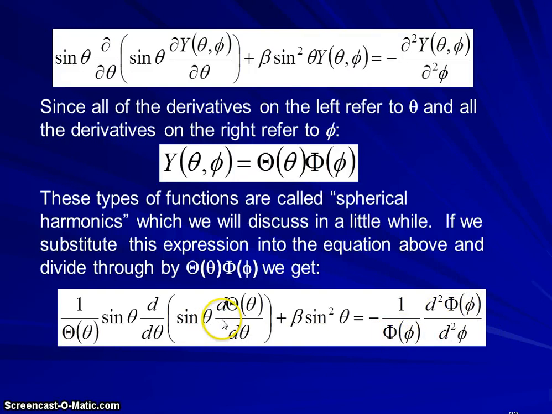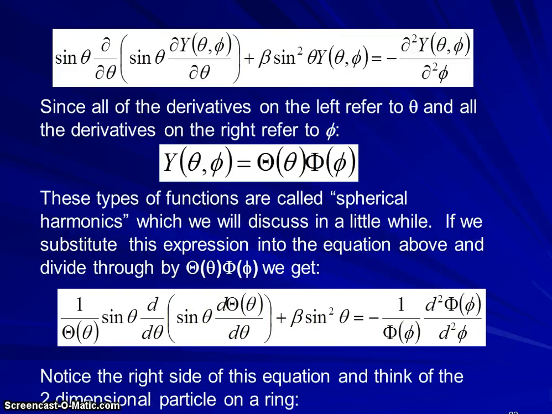And then something analogous happens here, I'll get you to check my math on this, when we pull out what is going to be constant, the phi term, out to the front, and then divide both sides through by the full function. We get 1 over phi. So the entire left side of the equation now depends only on theta. The entire right side depends only on phi.